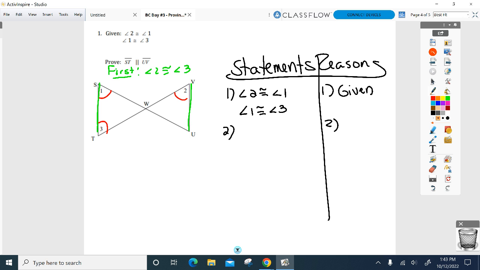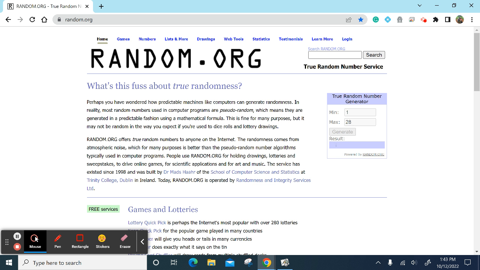So can you get 2 congruent to 3 without mentioning anything about parallel lines? And don't tell me, wait, they're already congruent because they're alternate interior. No, they're not. You need parallel lines for that, and I don't have that. Can you, some other way, get 2 congruent to 3? Look in your givens, please. How can I use the givens to get to 2 congruent to 3?